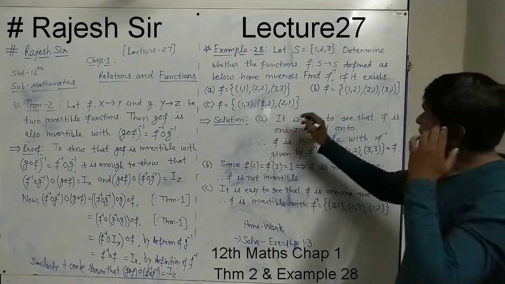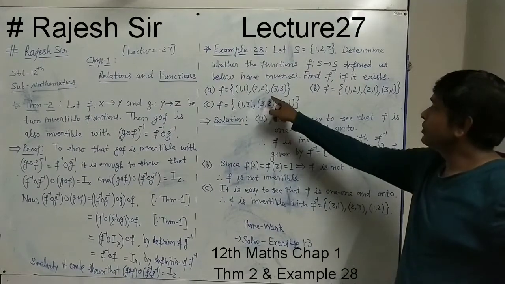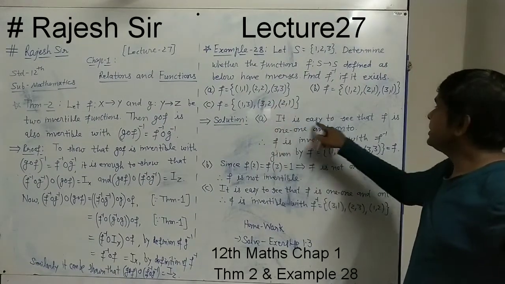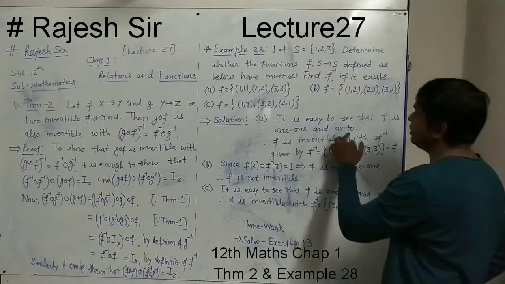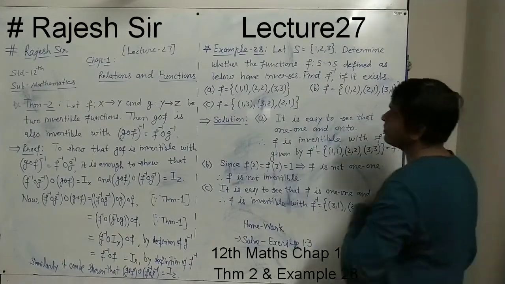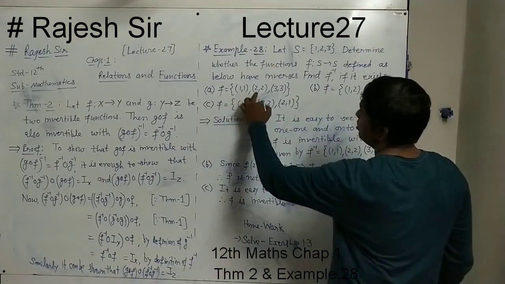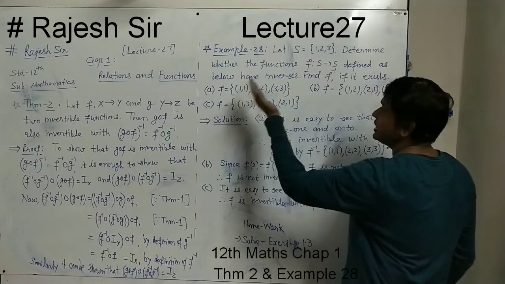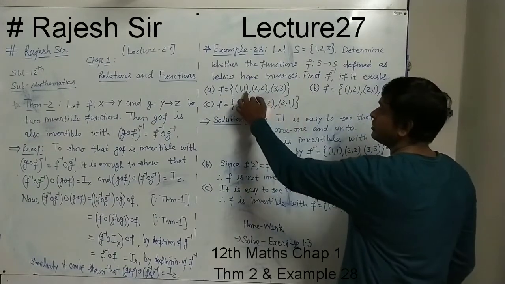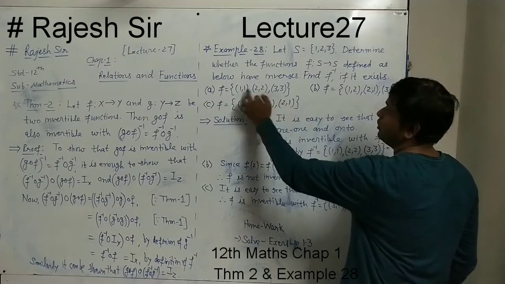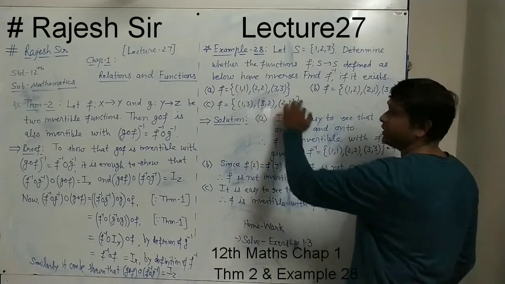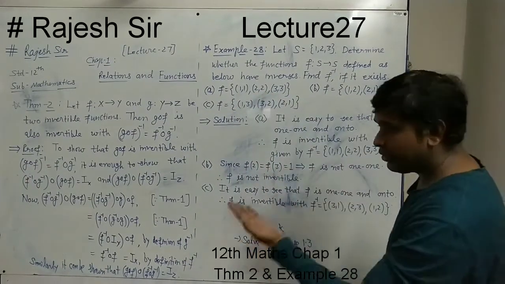So in the solution, one by one, for the first number A, it is easy to see that F is 1-1 and onto. Why can we say 1-1? Because for every element in domain 1, 2, 3, we have a distinct image in codomain 1, 2, 3. For 1, 1; for 2, 2; for 3, 3. Different elements have different images.